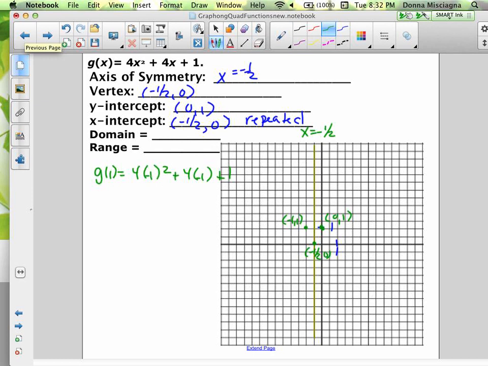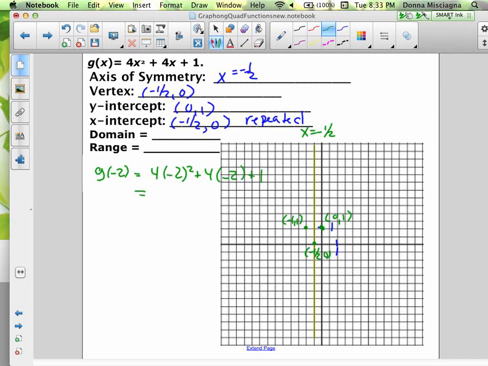Oh, we already have that point. It's going to be 1. Oh, we just can't win. All right, let's try negative 2, and if that's too big, we're going with just 3 points. So g of negative 2 is 4 times negative 2 squared plus 4 times negative 2 plus 1.